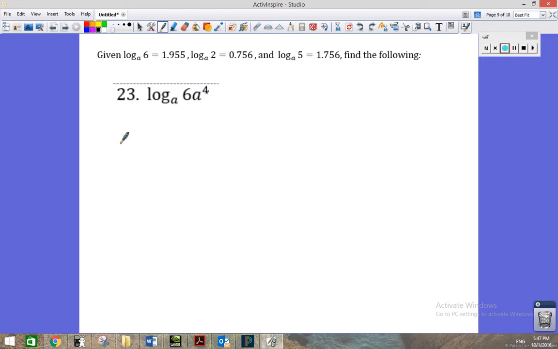All right, so what do we have here? Well, we have a product, 6 times a to the 4th. So I can break up that product as the sum of logs. Now remember that 6 is being raised to the first power, and this a is being raised to the 4th power. Well, this first term, I know what it equals. They told me that it was 1.955 in the given.